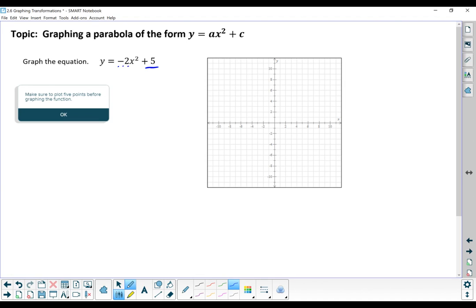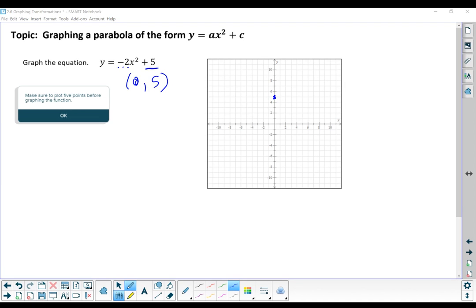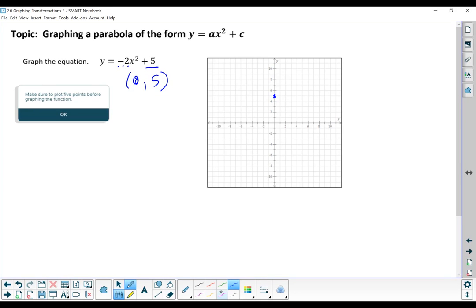For these parabolas, you have to plot 5 points to graph it. So the vertex of this is at 0, 5. And this is reflected because it's negative. -2 is the vertical stretch.